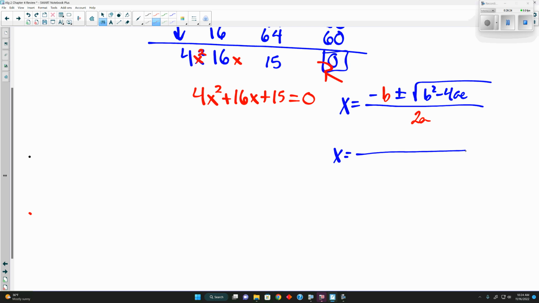So we'll have negative b, so that'd be negative 16, plus or minus the square root of 16 squared minus 4 times a, which is 4, times c, which is 15, all over 2a. 2 times a, well, a is 4, and 2 times 4 is 8.